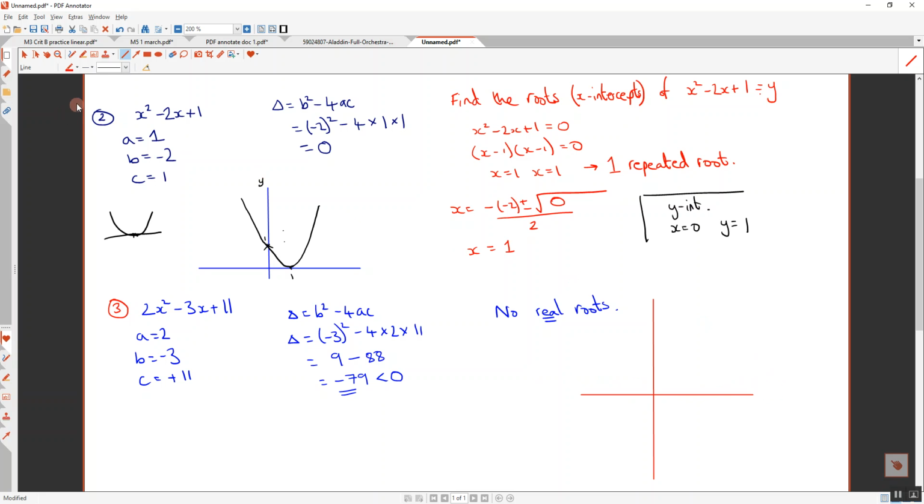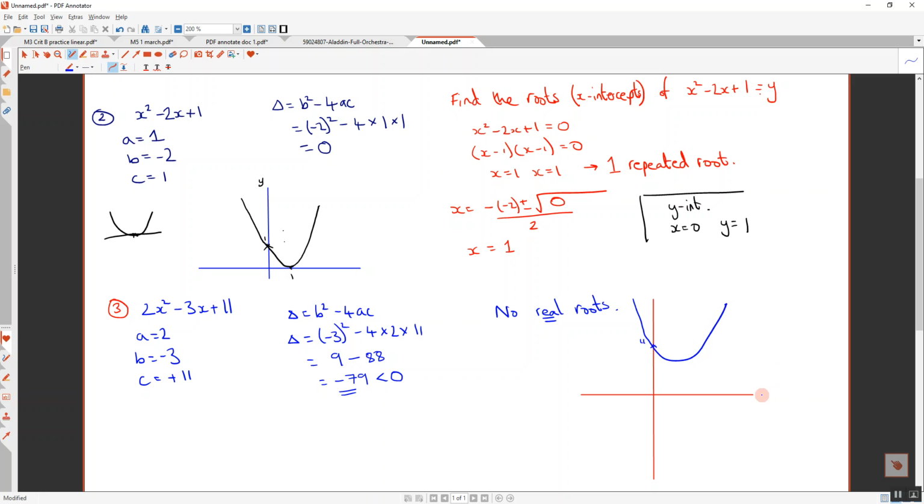If I was to draw this one, I know that it's going to go through 0, 11, and your graph is going to come down like this.